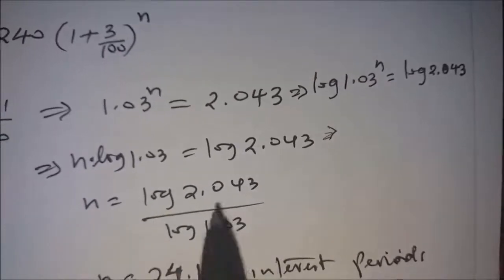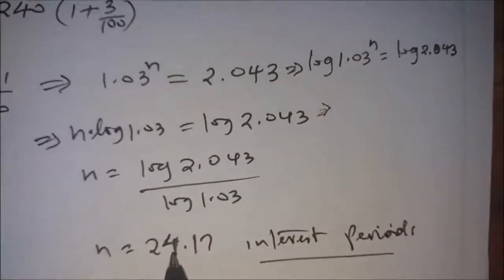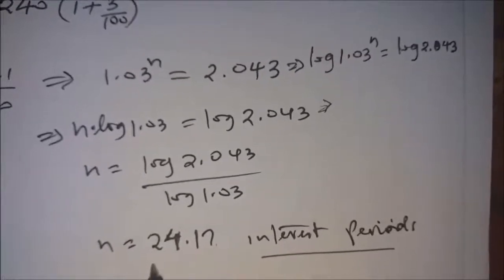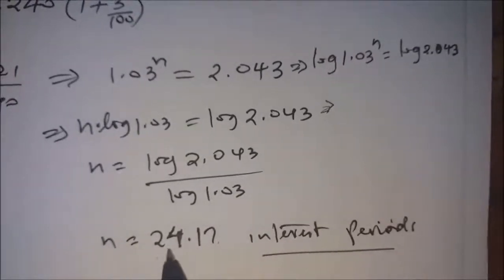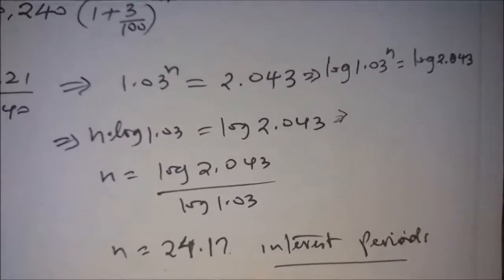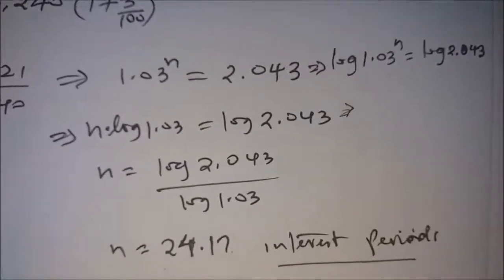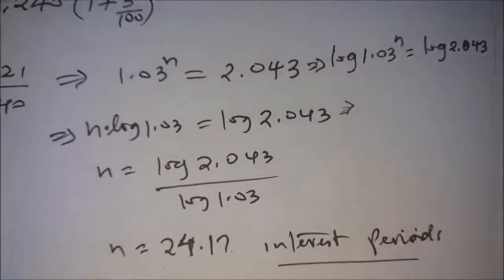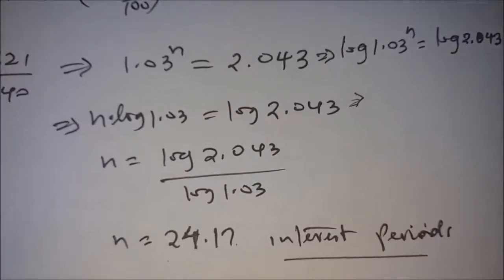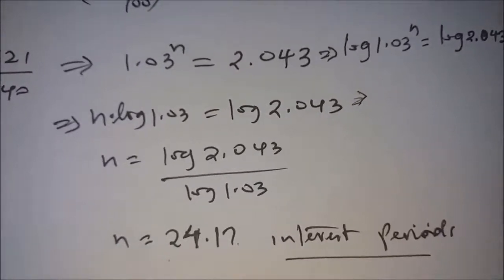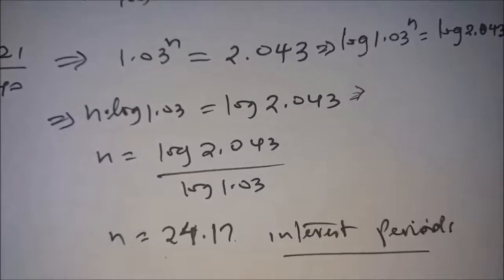You use your calculator and your value of n becomes 24.17. Now what this means is that we have got 24.17 interest periods. From the question, you realize that one interest period is a quarter of a year, that is 3 months.